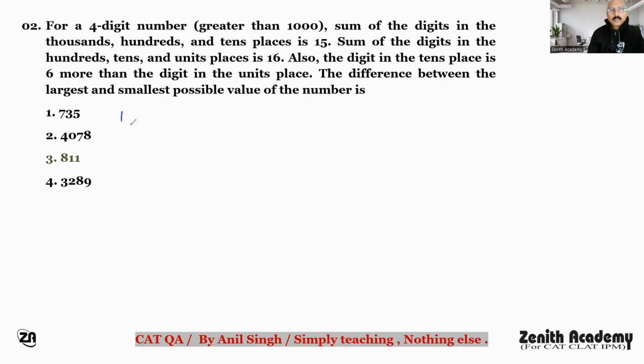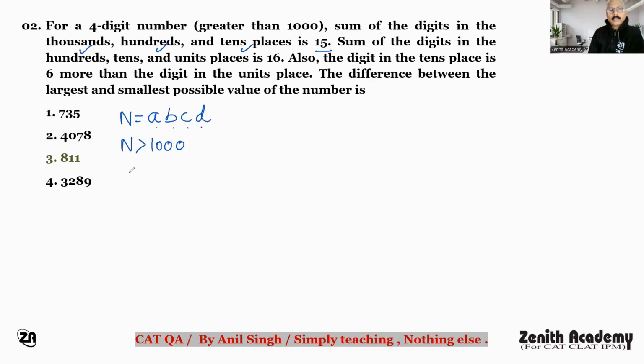Suppose there is number N of four digits A, B, C, D. Number is greater than 1000. Sum of the digits thousand, hundred, and tens place is 15. So it is unit, tens, hundred, thousand.